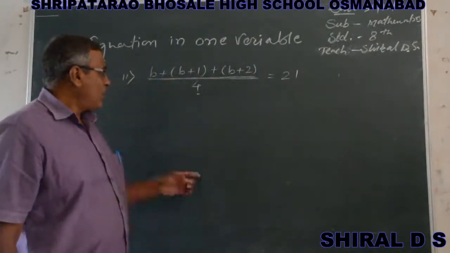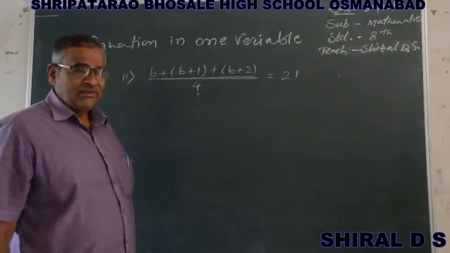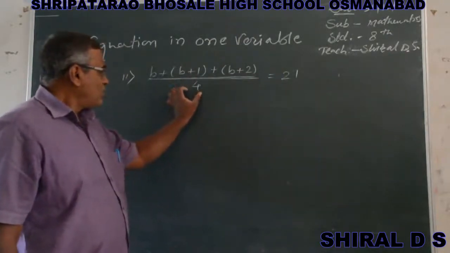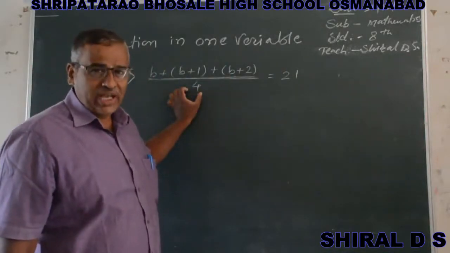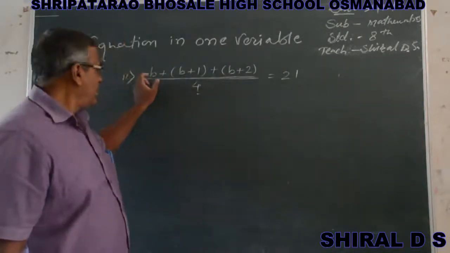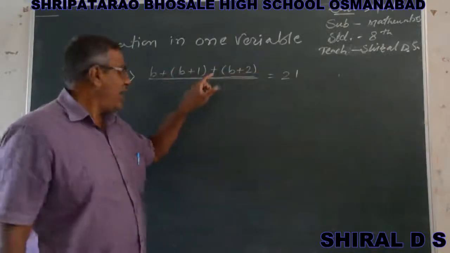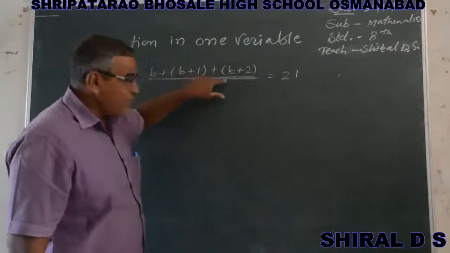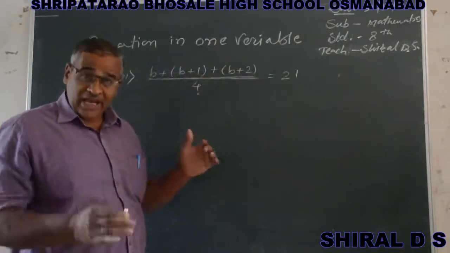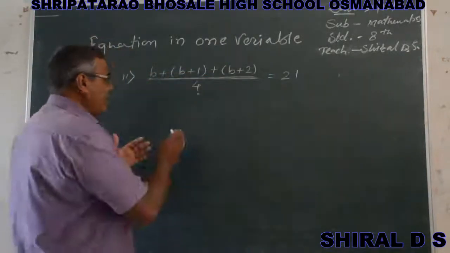Therefore, how to solve the given example? Very simple. Cancel the denominator term 4. If the given terms are in addition and the 4 is the divisor of all the terms, then we multiply in this way.